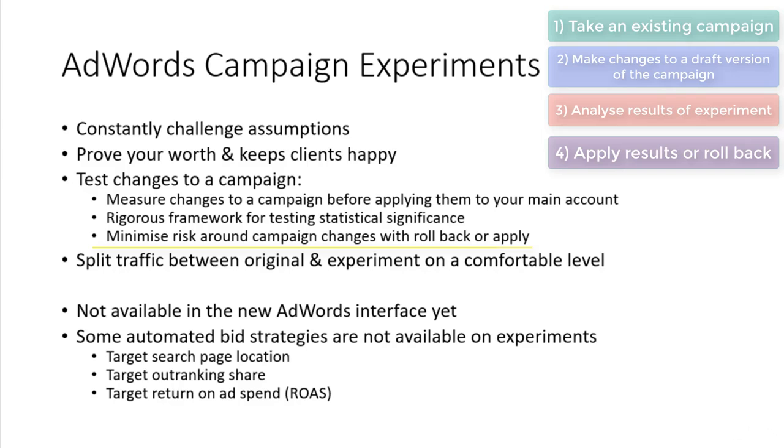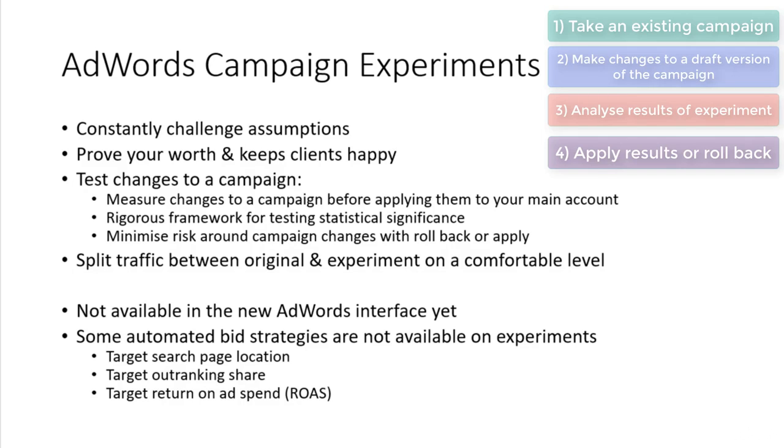So if for some reason it goes bad or it doesn't work well, you haven't got all these issues where you've got to find all the changes that you've made and go and reverse them, which is time consuming. Here, you can simply just not apply it and stop the campaign running. The other thing is you can decide on your traffic split. So you can decide whether you're going to split 50% of the traffic between your experiment and your original, or maybe you just want to split 20% of the traffic. You just want to try out this campaign on a low level and see how it goes.